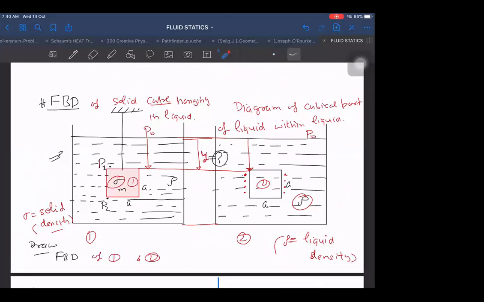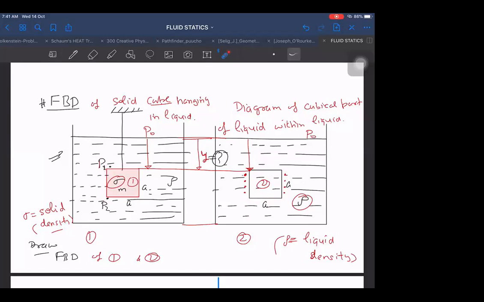If I want to find out the vertical force on this portion, what will I do? I will take an equivalent one, at the same depth, and make the same diagram. But this will be completely filled with liquid, without any such solid portion. On that, I will draw the free body diagram and find out the force on that portion, and the same force will be acting on this portion.